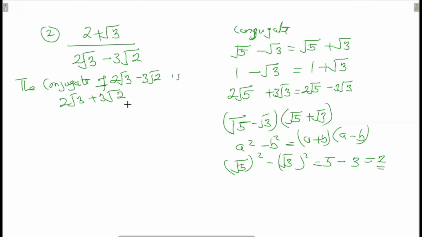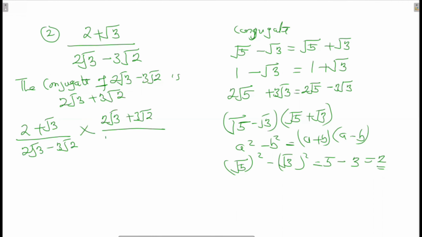That's the conjugate. Once you're able to get the conjugate, you now multiply it with this surd in the form of 2 plus root 3 over 2 root 3 minus 3 root 2, multiplied by this conjugate in the form of a fraction. That means 2 root 3 plus 3 root 2 divided by 2 root 3 plus 3 root 2.